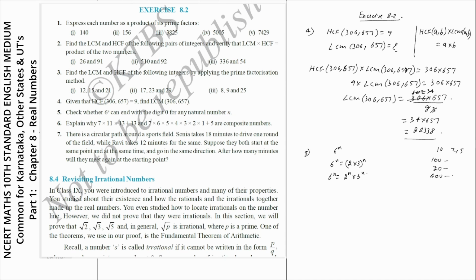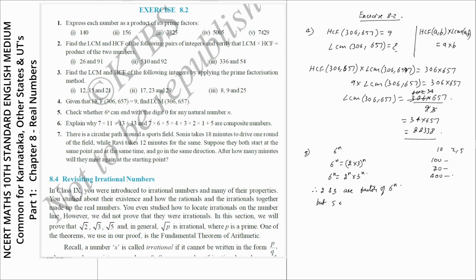So what this equation says is 2 and 3 are factors of 6 power of n. Okay. Therefore 2 and 3 are factors of 6 power of n, but 5 is not a factor of 6 power of n. Okay.